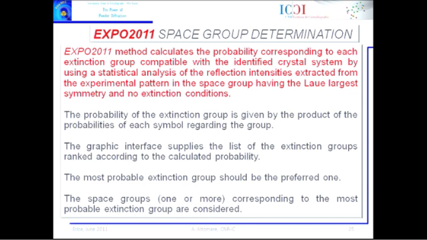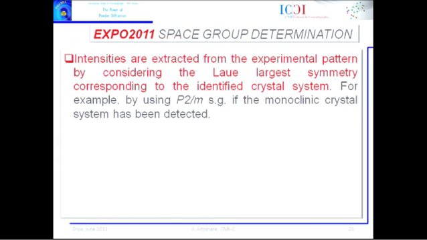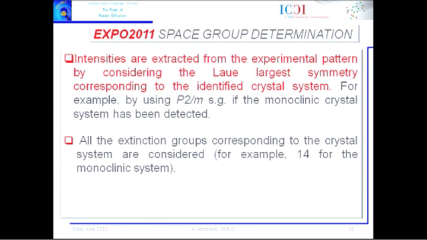But let's go into some details about this procedure. So the first step is the extraction of the integrated intensities by using the largest Laue symmetry with no extinction condition. For example, in the monoclinic crystal system, as for our paracetamol structure, the used space group is P2/n, which has no extinction condition.